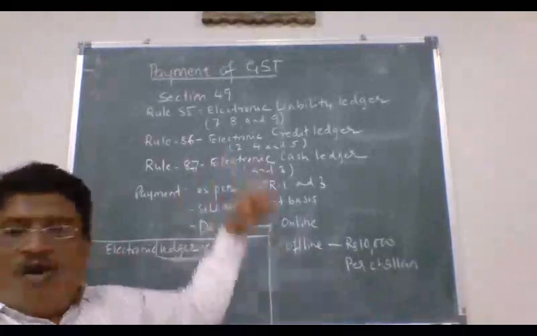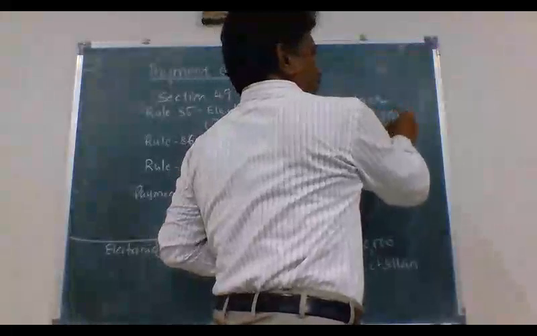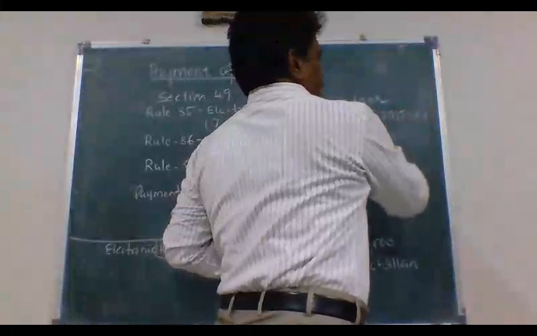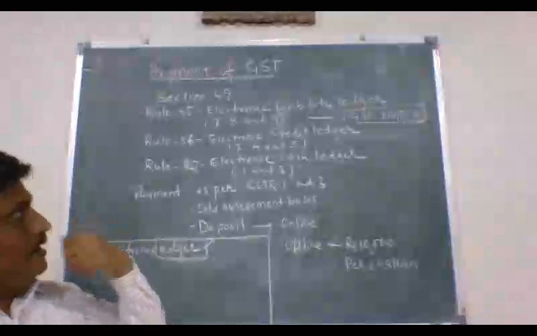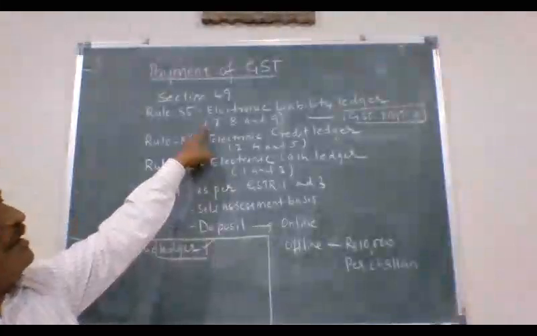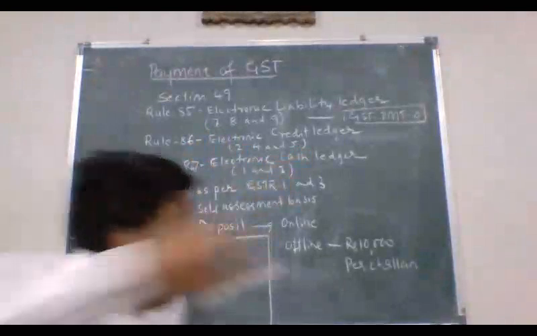Here, the form is GST PMT 01. PMT means payment. The electronic liability ledger has to be maintained as per GST PMT 01, or you can write only 01.